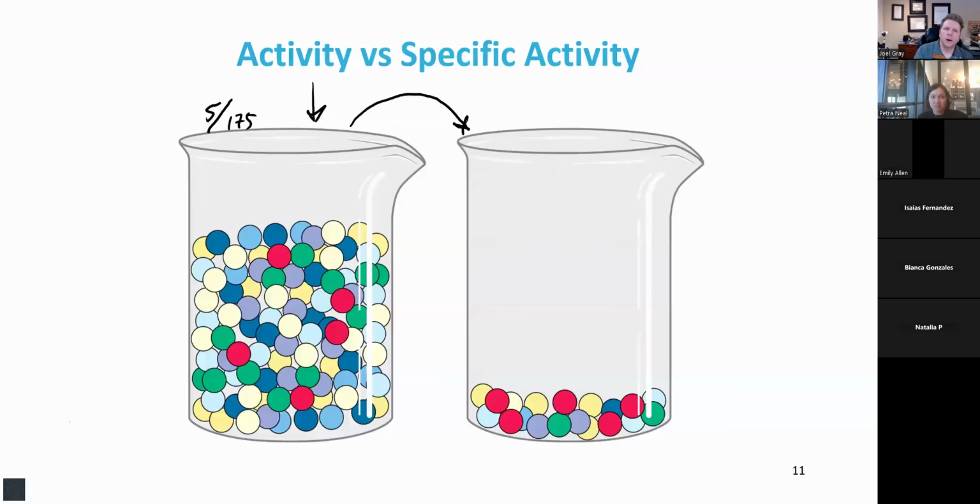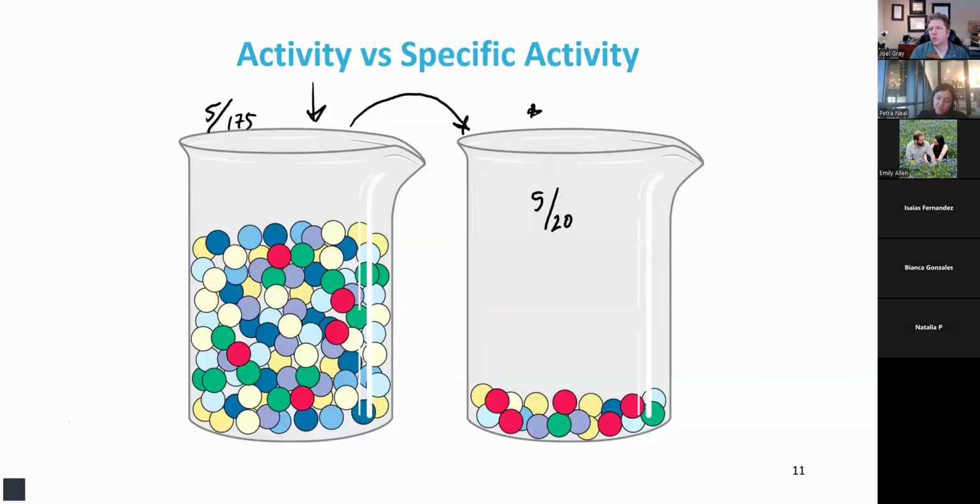Okay. Now, if somebody made some changes or if somebody helped you out and they said, okay, now go to the beaker on the right, blindly put your hand in that beaker, what are the chances that you're going to pull out a red marble from the beaker on the right? Well, we're looking at about 5 out of, let's call that 20.